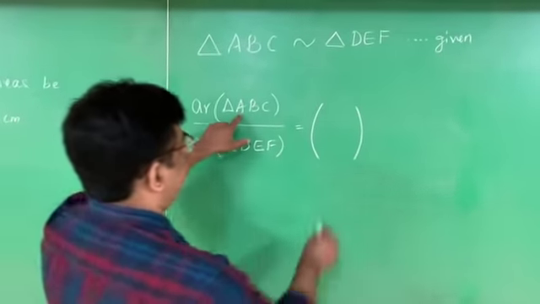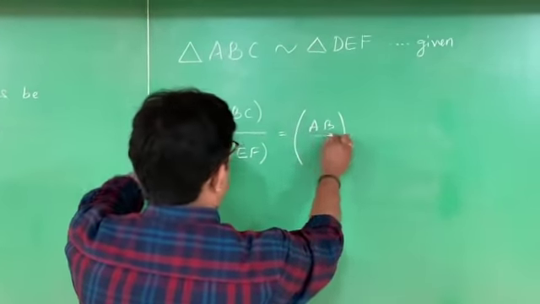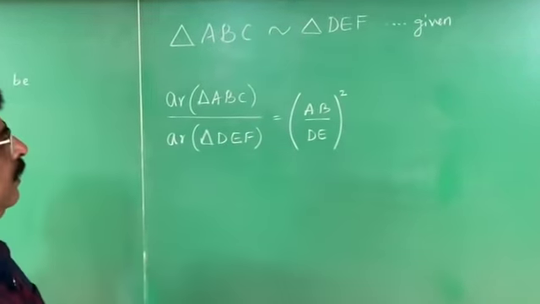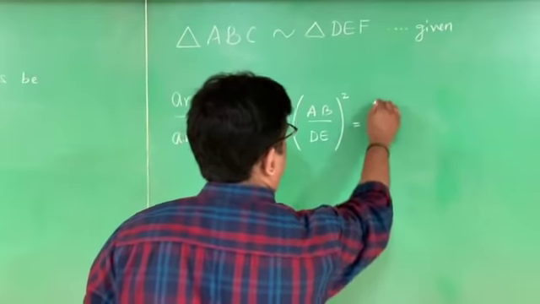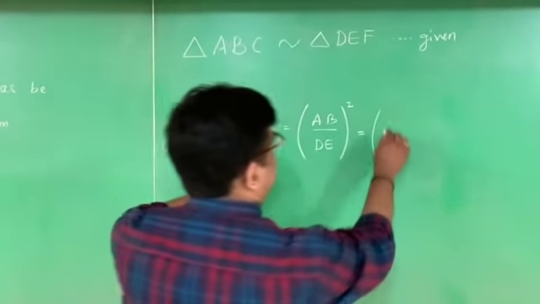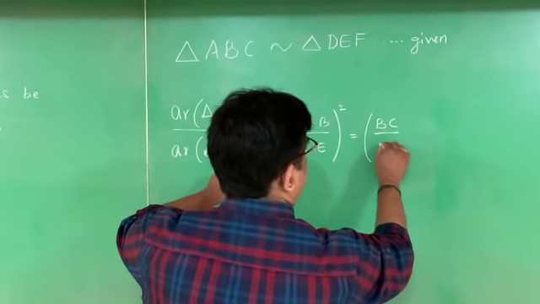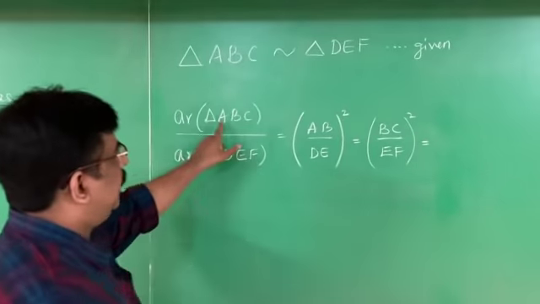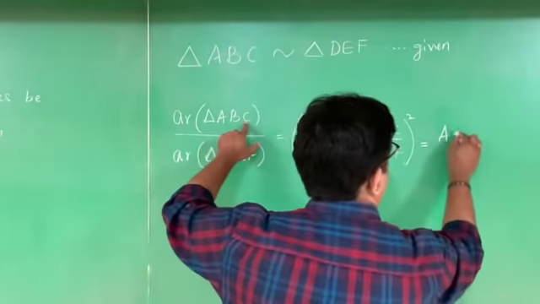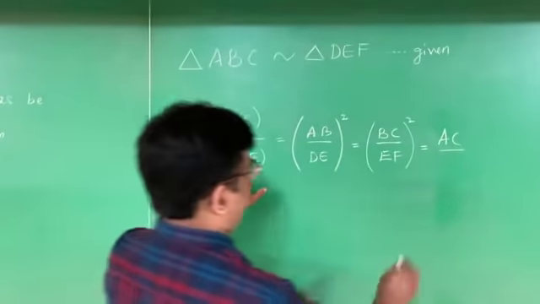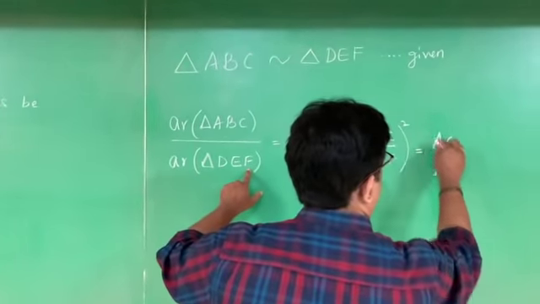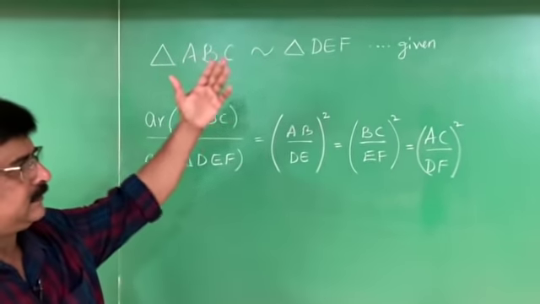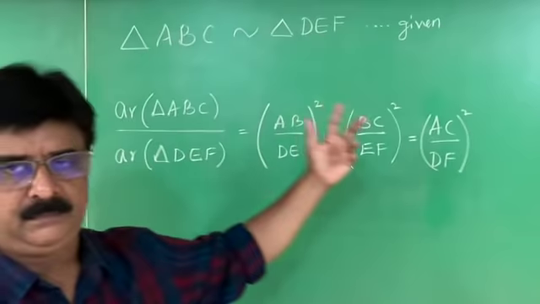Which are the corresponding sides? AB by DE whole square, or BC by EF whole square, or AC by DF, first letter and the last letter, whole square. Since these two triangles are similar, I can directly apply the theorem.